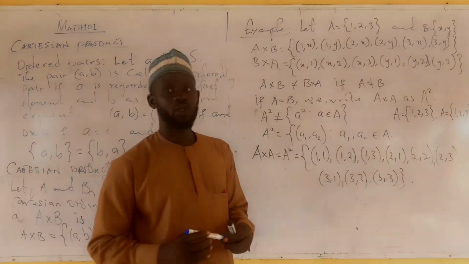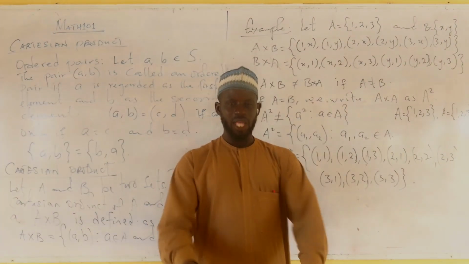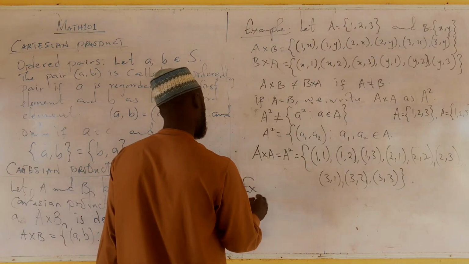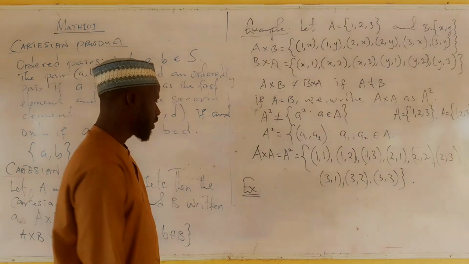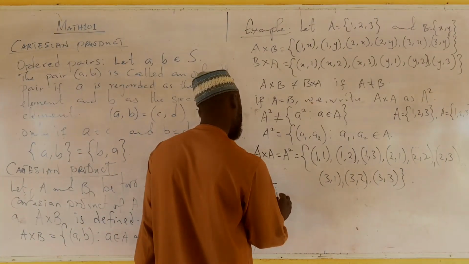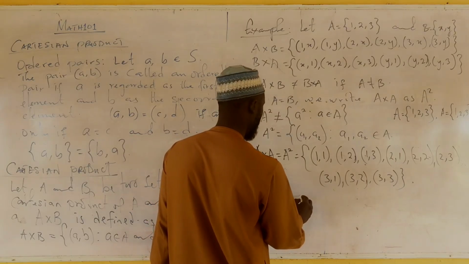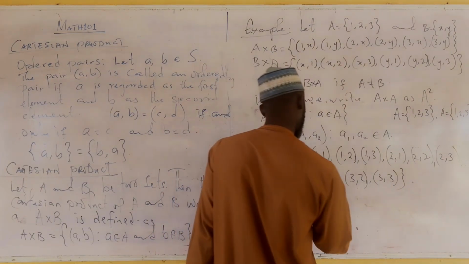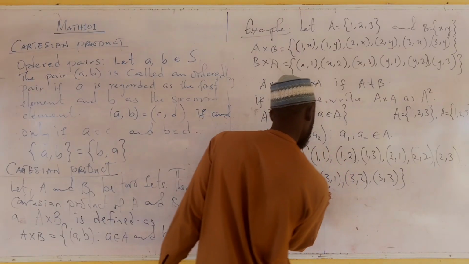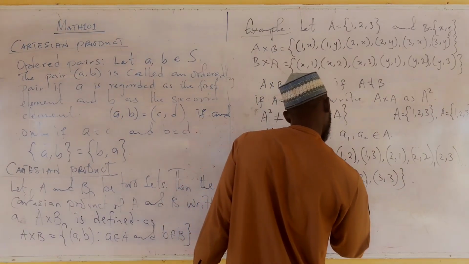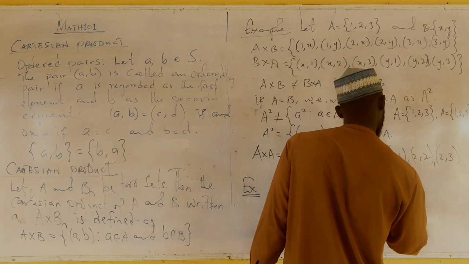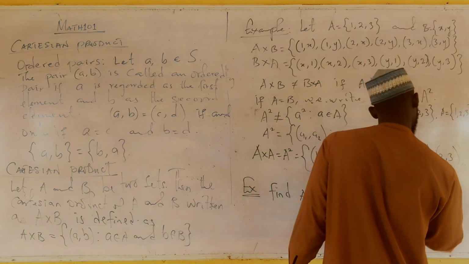As a concluding remark, we can give an exercise to students. Students should find A cross B and B cross A in each of the following.